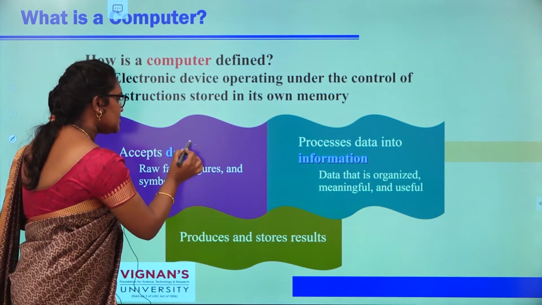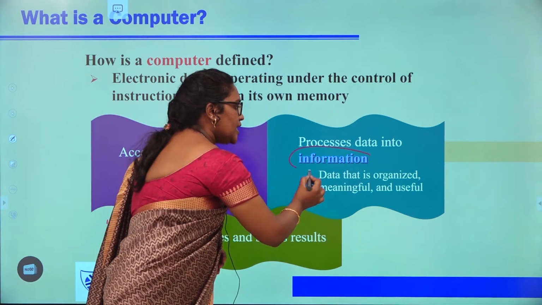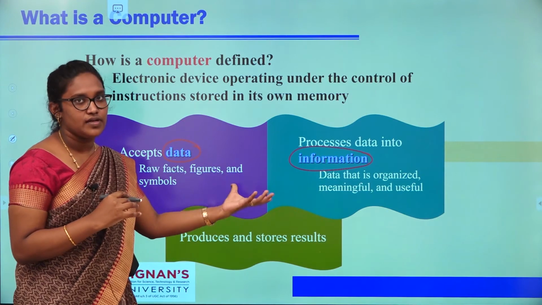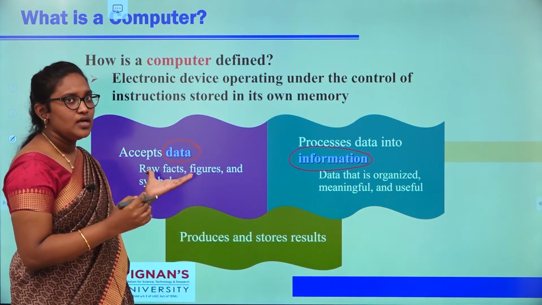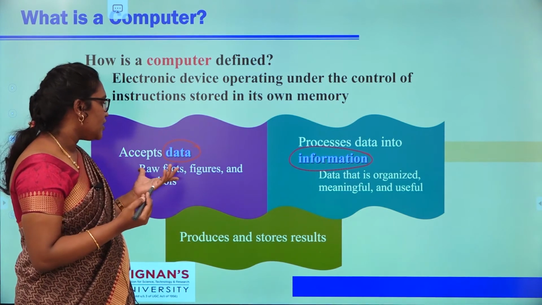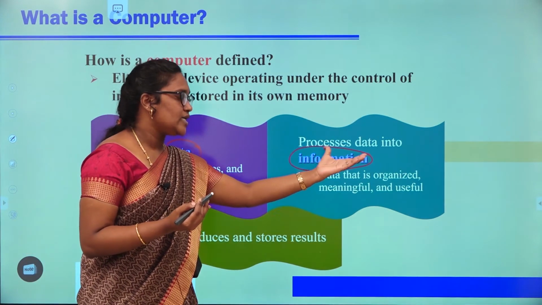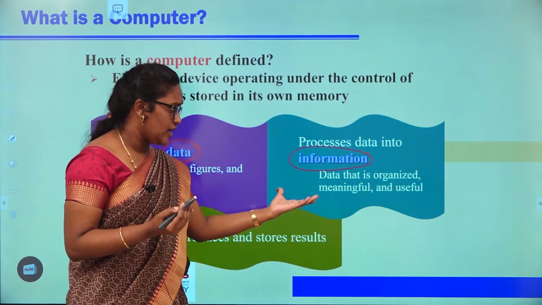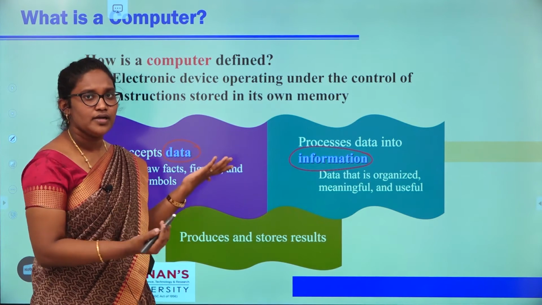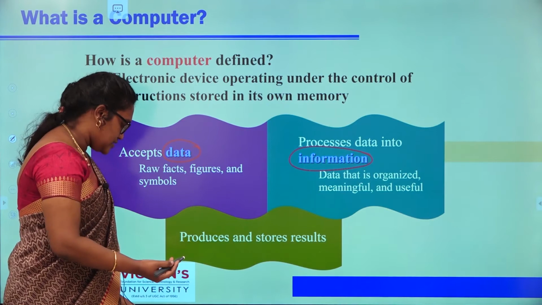If you understand the difference between data and information, this definition will automatically be clear. First, the computer accepts the data in the form of raw facts, figures and symbols. Second, it processes data into information, that is, data organized in an understandable format. Last is producing and storing the result.